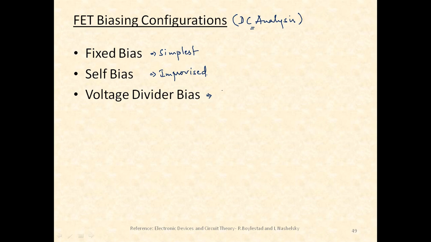The procedure is the same, the only difference is that we are using a JFET instead of a BJT here. A voltage divider bias is a much better configuration when compared to the previous two configurations, fixed bias and self bias. Apart from these three, there are many more configurations. However, for your syllabus, we will be focusing only on these three configurations.